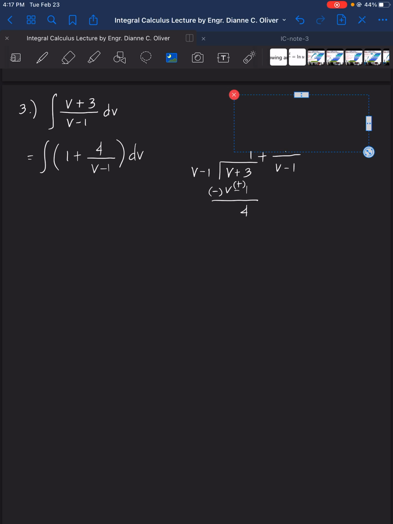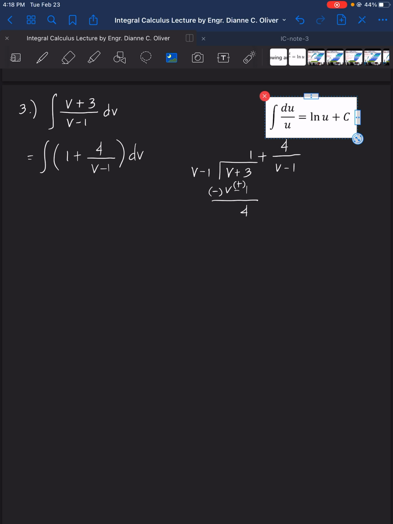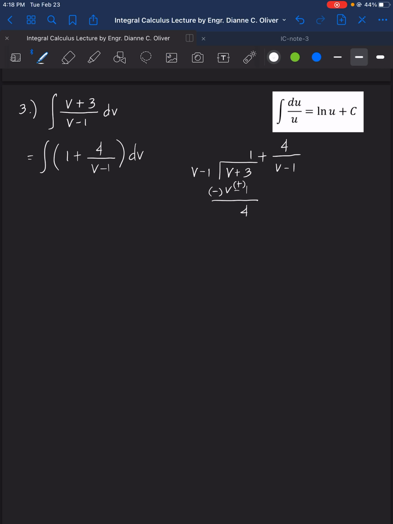Let's try to use the pattern for logarithmic, and we use that here. So distribute: this is the integral of dv plus 4 times the integral of dv over (v - 1).